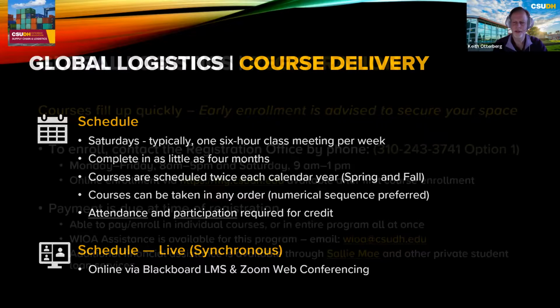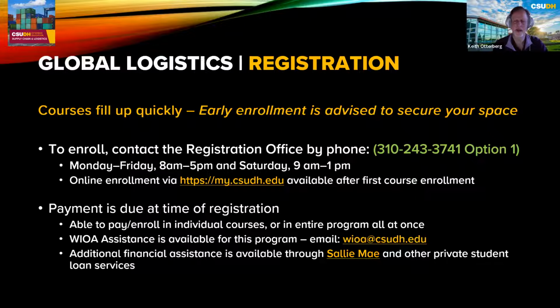So to register, call our Extended Education Registration Office at 310-243-3741, option 1. They are open Monday through Friday, 8 a.m. to 5 p.m. and Saturday, 9 a.m. to 1 p.m. Pacific time. If you have taken a course at CSUDH in the past 2 years, you can register online using your my.csudh.edu account.